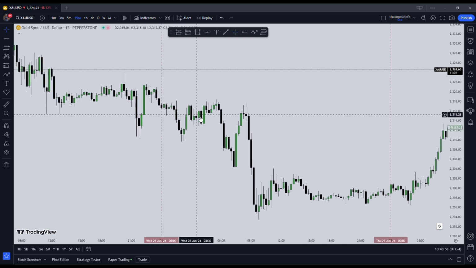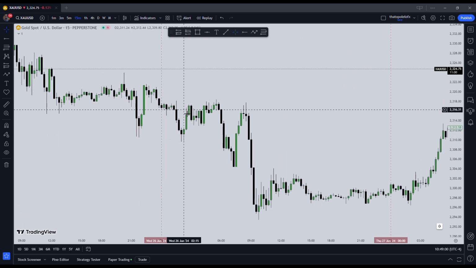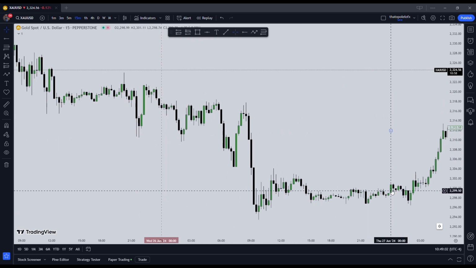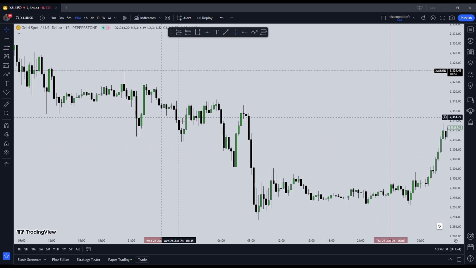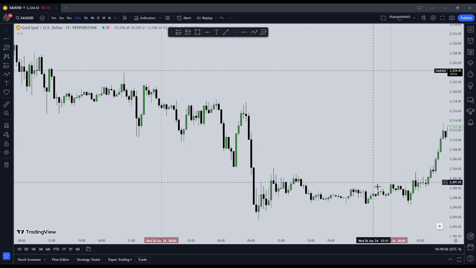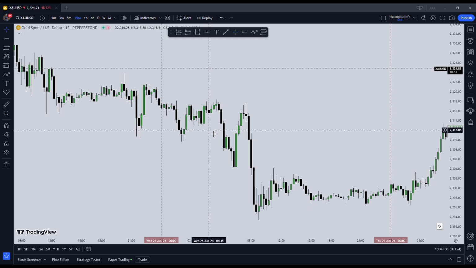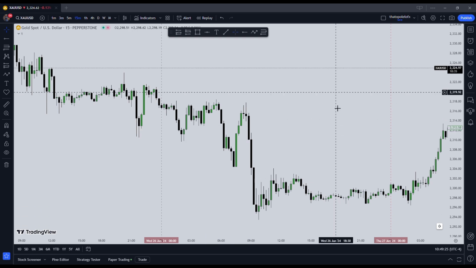So this is the daily standpoint of the markets, based on the daily candle. I get the daily candle in terms of the 15-minute time frame without having to just look at one candle.